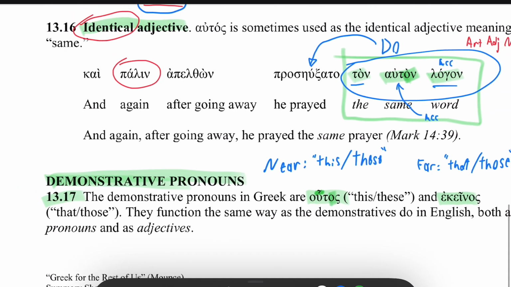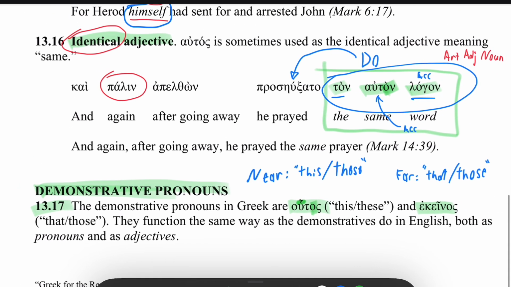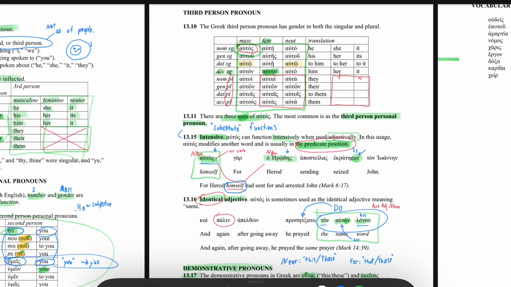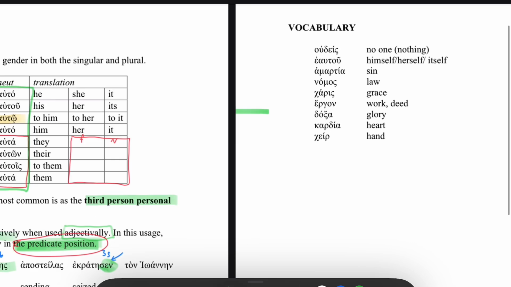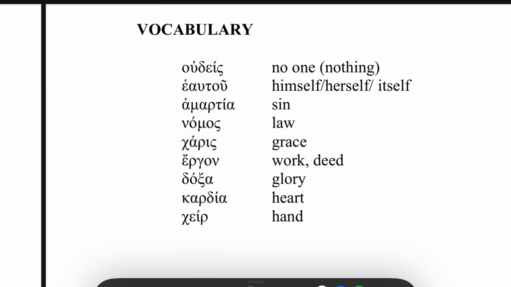Again, they function the same way as the demonstratives do in English, both as pronouns or as adjectives, as we were just seeing in the example of this pencil being an adjective, or how did this happen being a pronoun, functioning substantively as a noun. So that is the demonstrative pronouns. Just going to briefly go through our vocabulary.